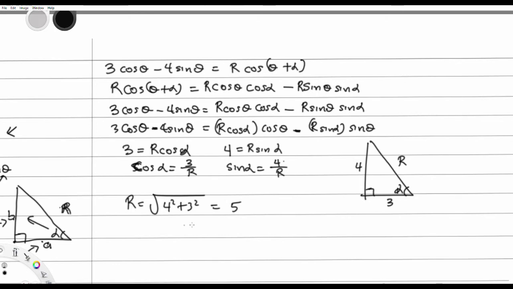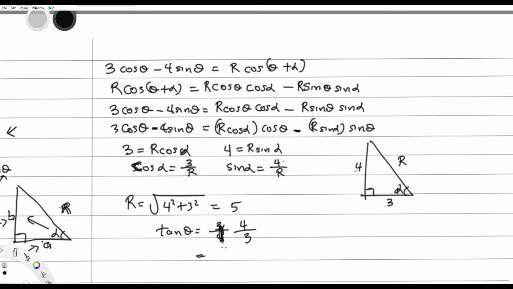Now tan alpha equals 3 over 4. And how did we get it? Opposite over adjacent. That's tan, b over a, opposite over adjacent.